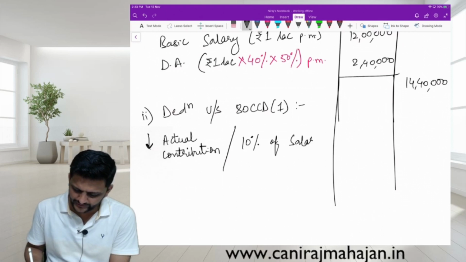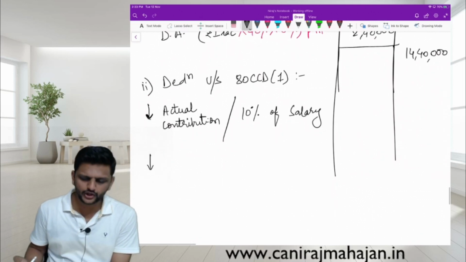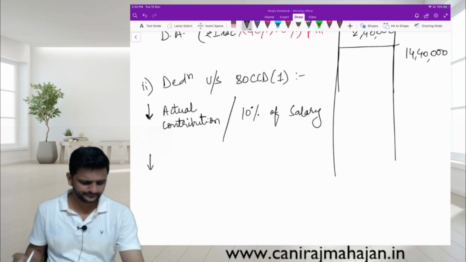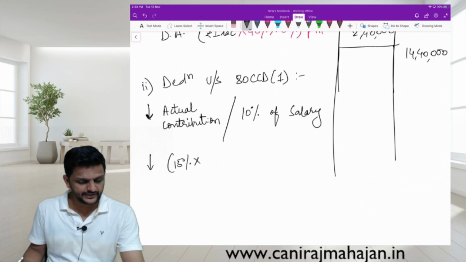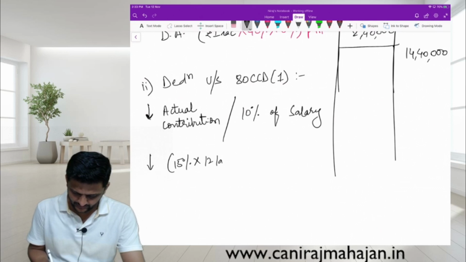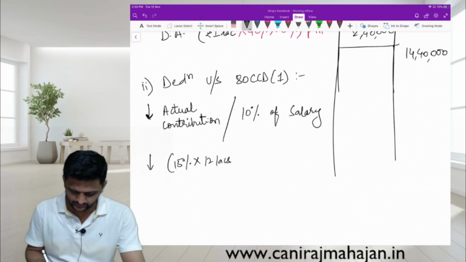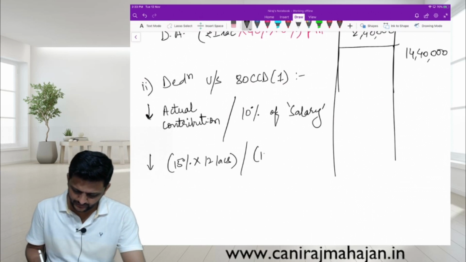The restriction we will write down later. Actual contribution is what? 15% of basic. How much is it? 15% of basic, which was 12 lakhs, it is 1,80,000. And this is 10% of the salary which we have computed.